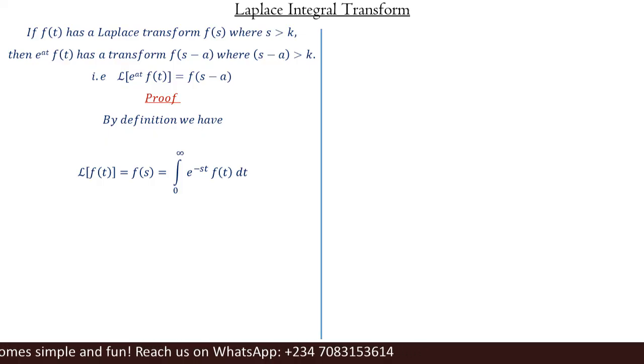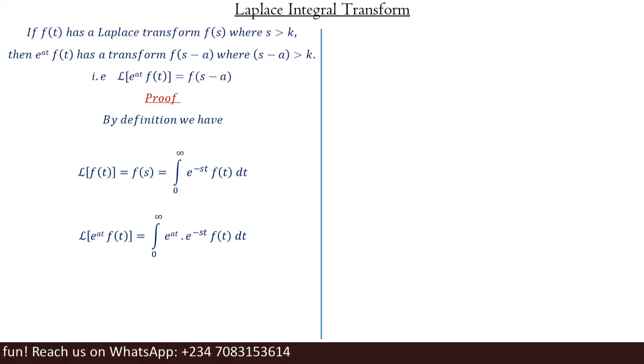Good. Now, what if this f of t is being multiplied by a function e raised to the power of at? Okay, what if it's multiplied like this, where we have the Laplace transform of e raised to the power of at f of t? In a case like this, what are you going to do?